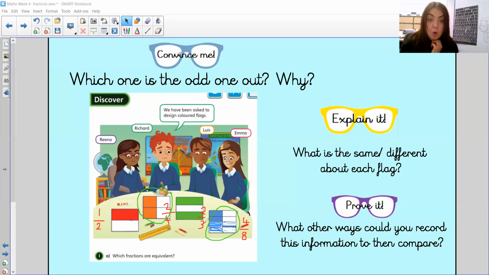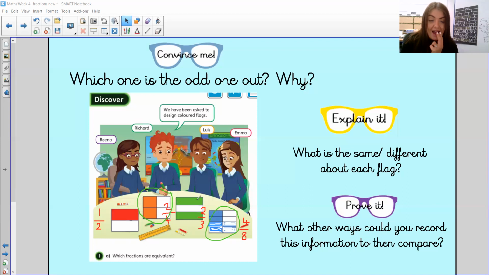So even though there are more parts on this one, more smaller parts, they are still shading, I can see, half of that shape. Can you see it's been split down the middle there, and this left-hand side has been shaded. That one has the same split down the middle there, and this has been shaded. So I think those two are very, very similar. Now I just need to think, is there another one that can compare that can be similar to these two?